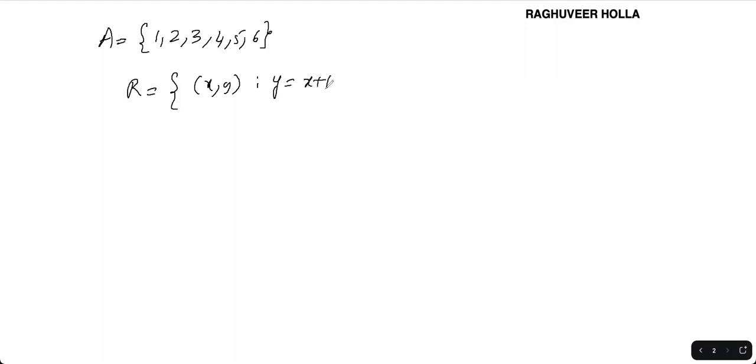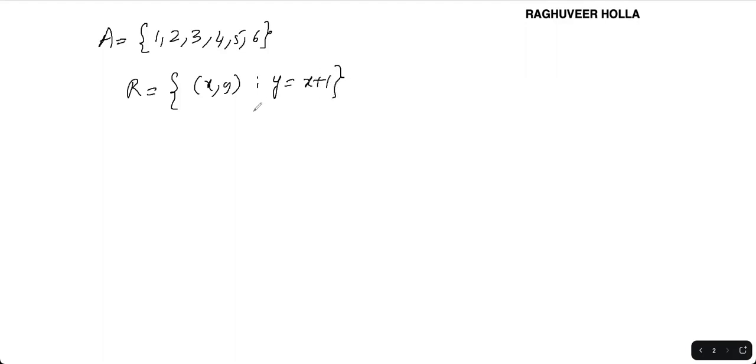So as I was looking at this, we have this set A, which consists of 1, 2, 3, 4, 5, and 6, and the relation (x, y) such that y is equal to x plus 1.